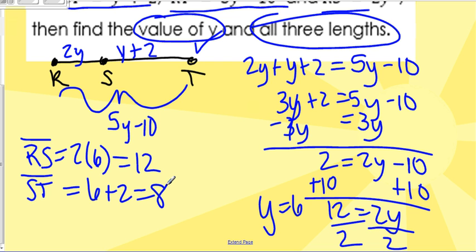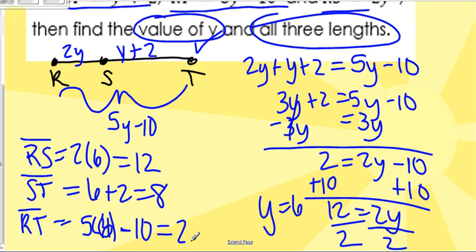And then we know that R to T is 5 times 6. I apologize, I put a 4 there. So 30 minus 10 gives us 20. To double check that we are right, we do 12 plus 8 equals 20. We've done a fabulous job.